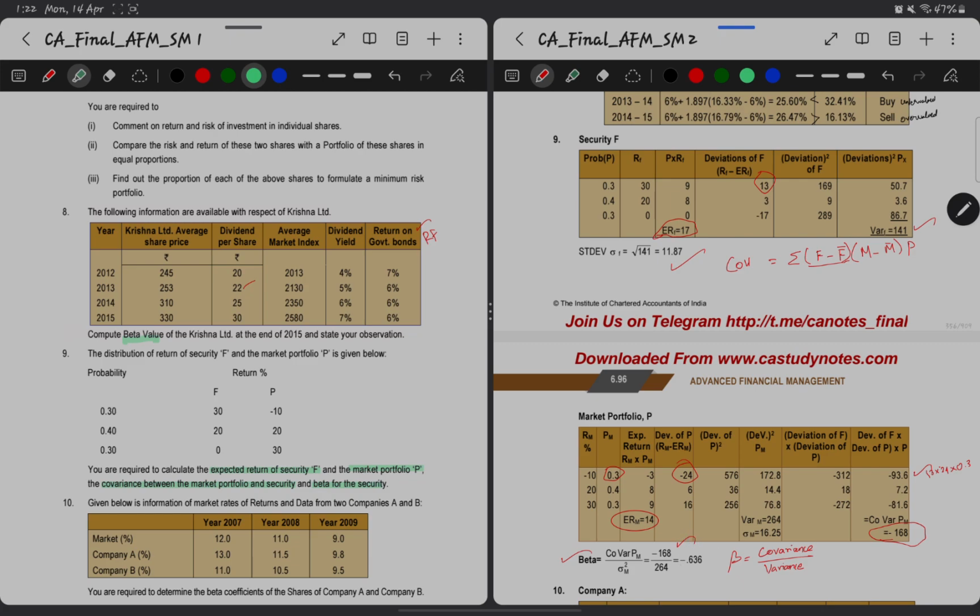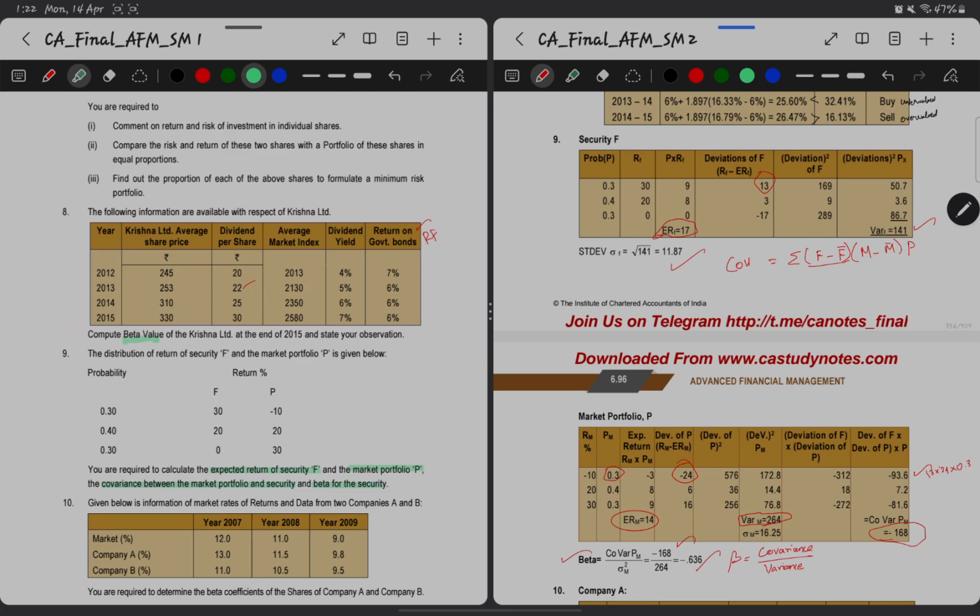In our case, 168 is the covariance and market returns variance is 264. So that will give us negative 0.636. That will be the sensitivity of return F towards market portfolio.